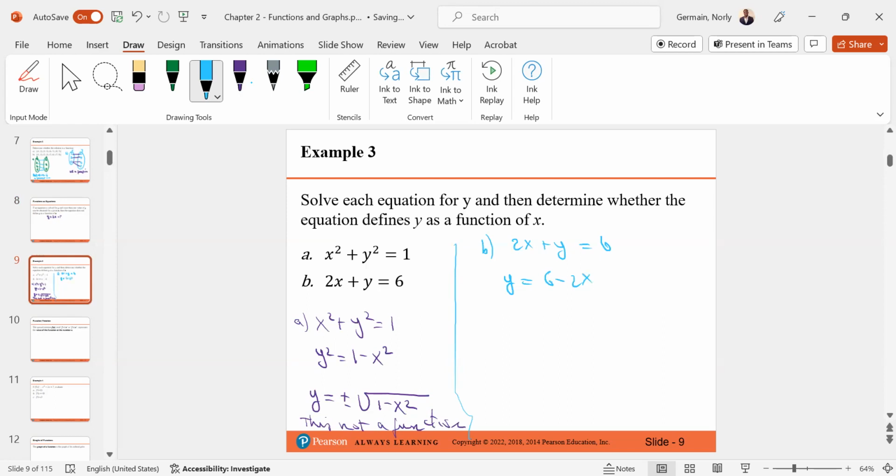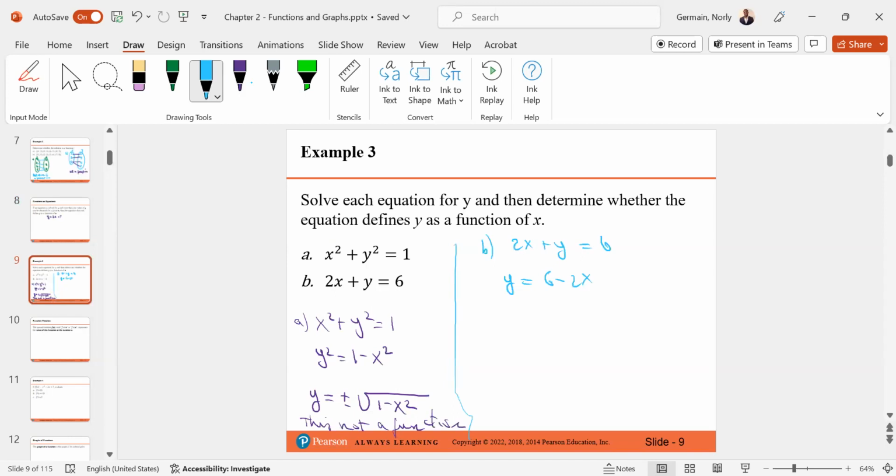Look at this one, how that works. For this one, we can see that for each value of x, there is one and only one value of y. If x is 0, y is 6. If x is 1, y is 4.